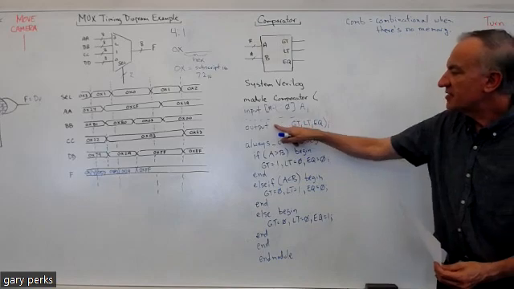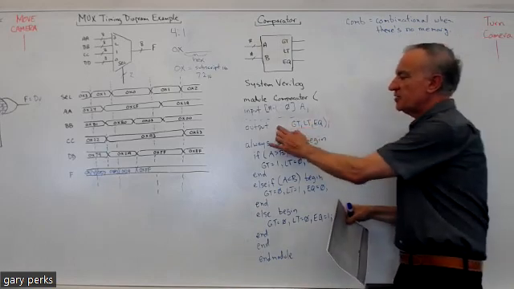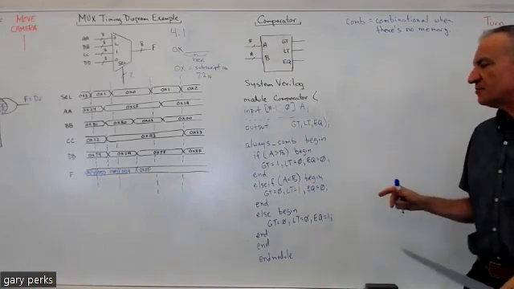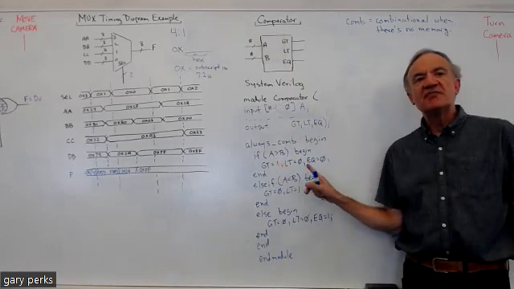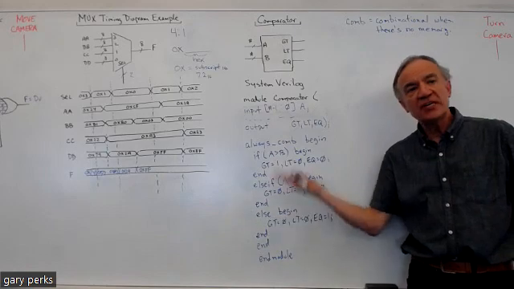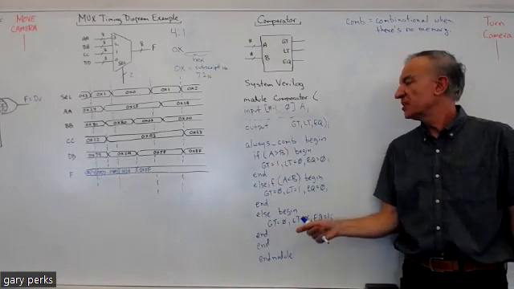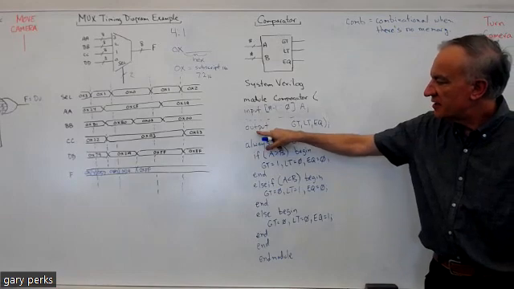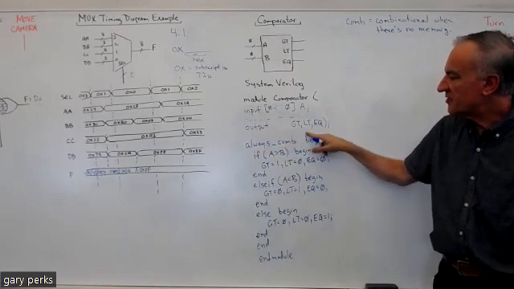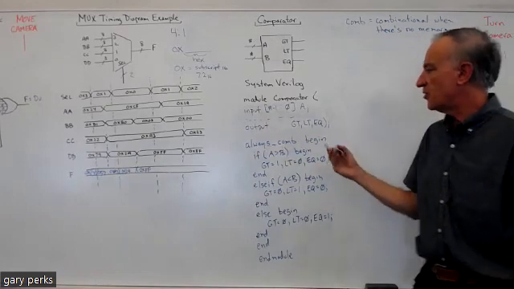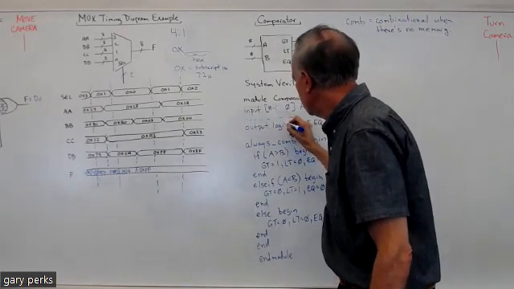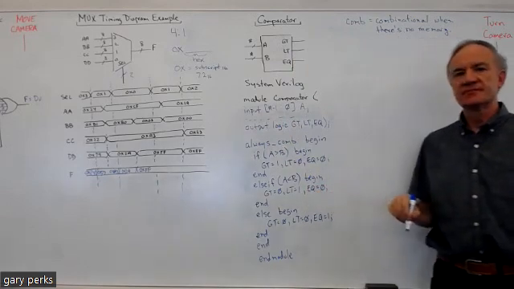Now, getting back to this. Remember I said we were going to come back to this, right? Anytime you have an output within an always block like this, you have to put the word logic between the word output and the names of the outputs that are within the always block.